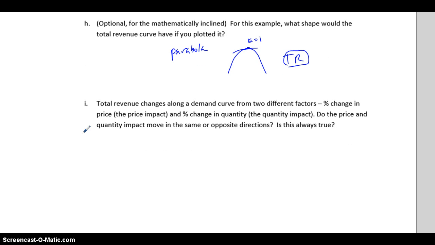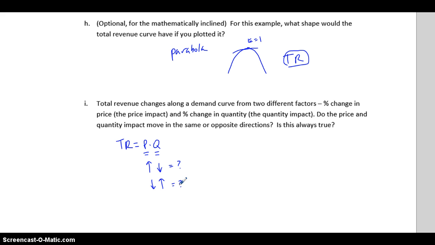So let's think again about this total revenue. Again, total revenue equals price times quantity. And we saw that it changes along this curve for 2 different reasons. Price and quantity are both part of it. And so if I raise my price, my quantity goes down. So the question is, which one wins? I don't know. If I lower my price and raise my quantity, it depends, again, which one wins.